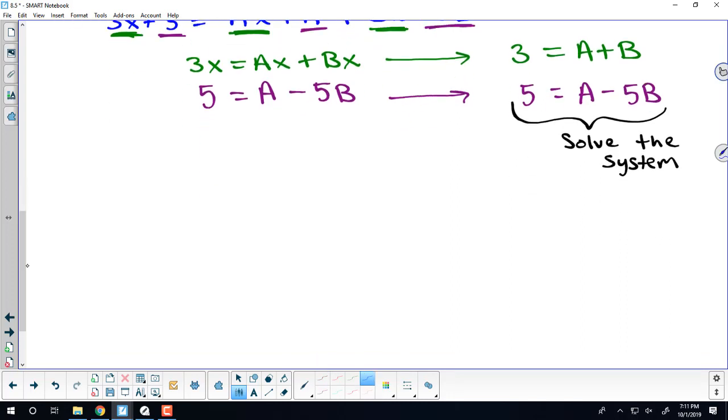Okay, so we have 3 equals A plus B. You could solve for A or B in that one. Let's call this equation 1 and equation 2.